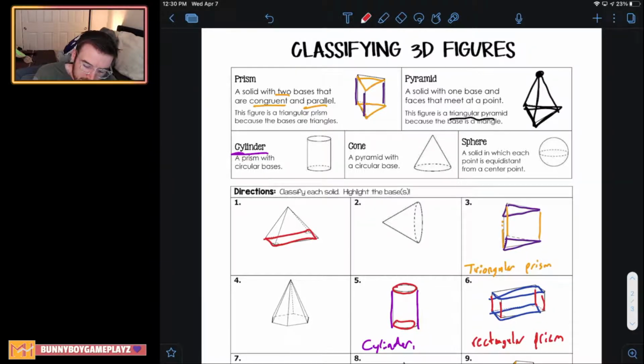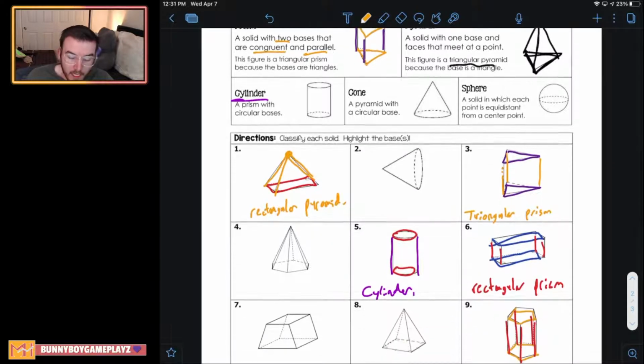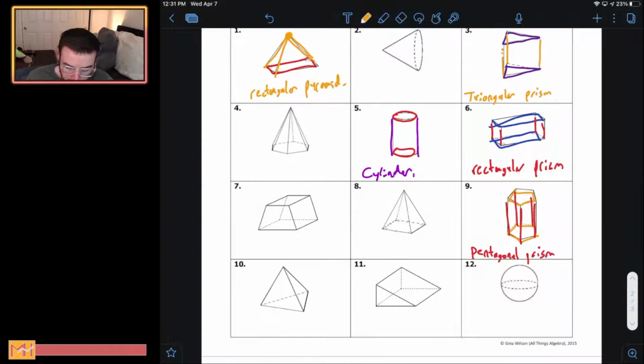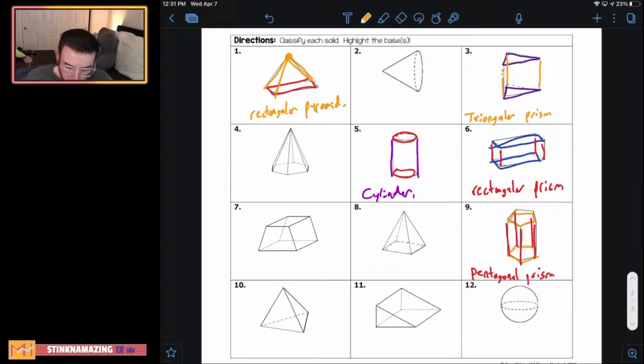But all of these edges here are still connecting to a single point. So we call this a rectangular pyramid because they're connecting to one point. The base is what really defines the shape.